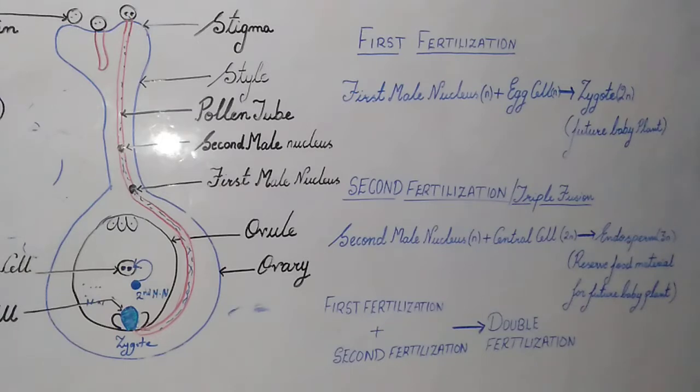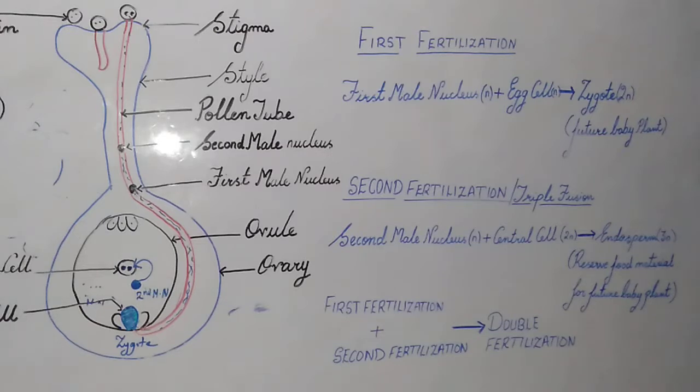But the egg contains a life inside it, a baby chick. So if there is some life, it requires some nutrition. So egg has got yolk inside it, जो एक की जर्दी होती है, yellow part yolk. That is the reserve food material for that chick inside the egg, till the time it hatches.